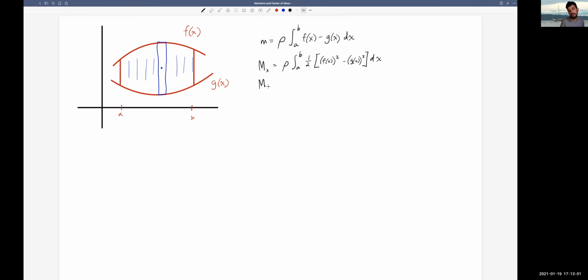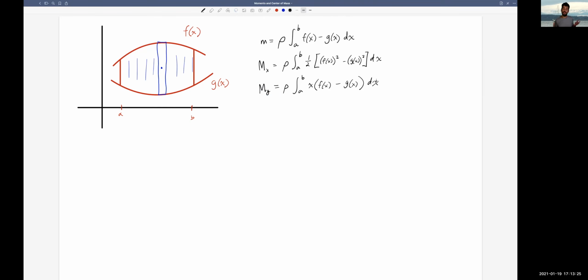And the moment with respect to the y-axis is given by rho times the integral from a to b of x times f of x minus g of x dx.